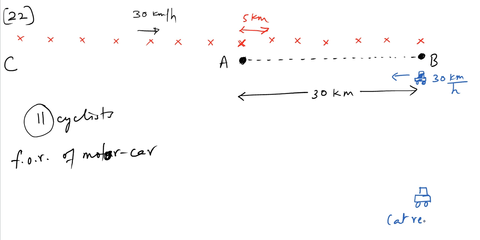It's continuously at rest, and you have town B over here, and you have town A over here, and town B and town A, both of them are now moving. So the towns are no longer stationary as viewed by the driver of the motor car. It is the towns which are traveling at 30 kilometers per hour towards the right.